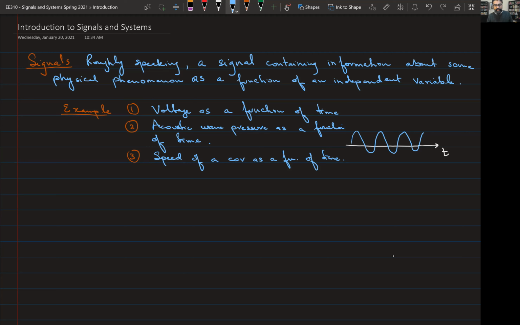Right? It's just that this function does not have to be of time, by the way. I mean, this could be of another independent variable as well, right? So even though I've been saying time on all of these three examples, this could really be something else as well. So another example I can give you where it's not a function of time is, for example, a function of space.